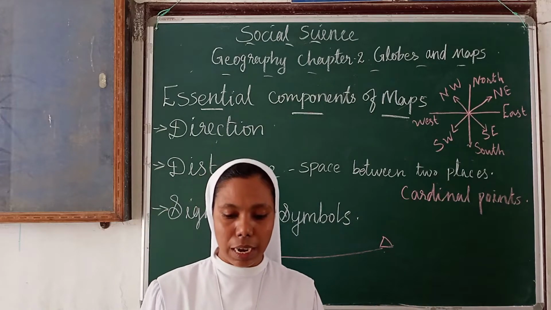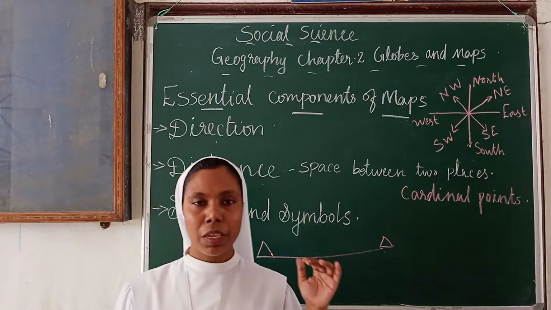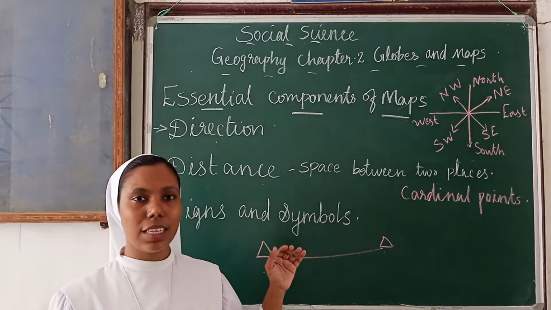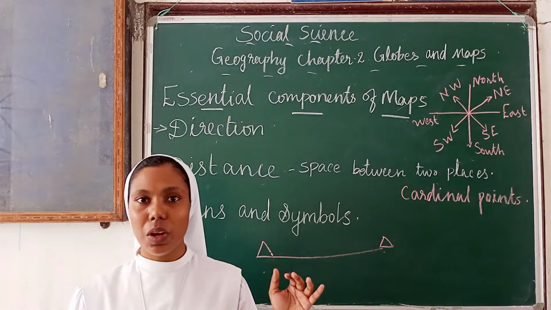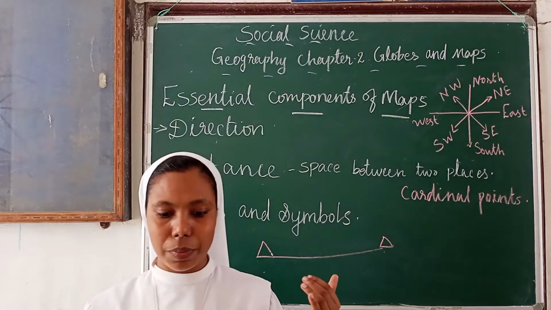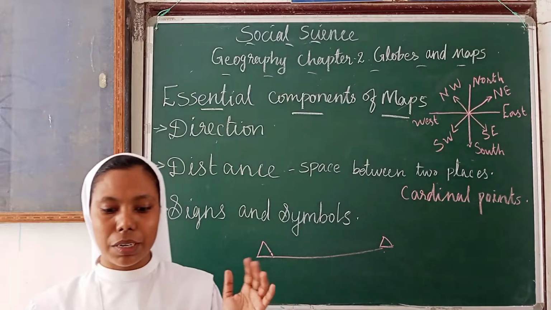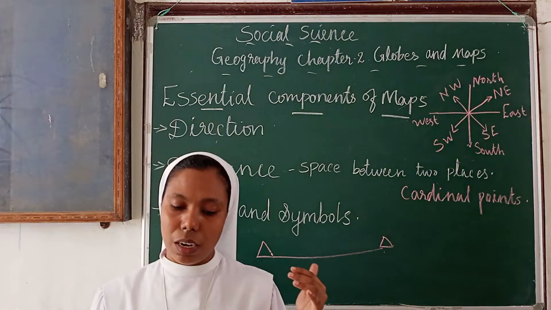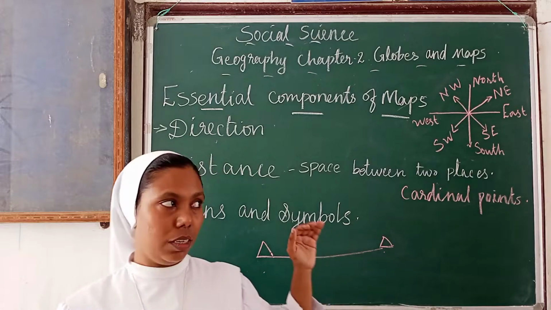Sometimes the time does not give a correct idea about the distance between two places, so we measure the distance. Long distances are measured in kilometers and short distances are measured in centimeters.